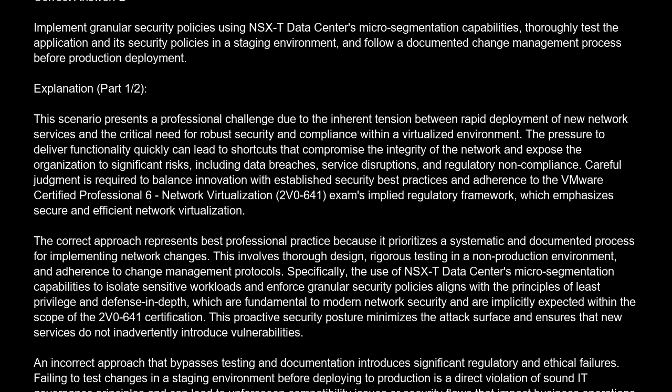An incorrect approach that bypasses testing and documentation introduces significant regulatory and ethical failures. Failing to test changes in a staging environment before deploying to production is a direct violation of sound IT governance principles and can lead to unforeseen compatibility issues or security flaws that impact business operations.